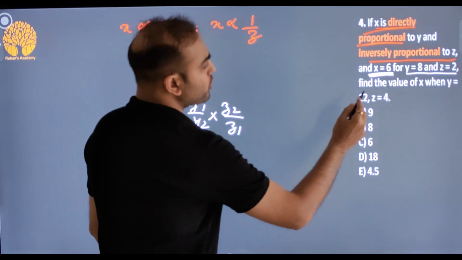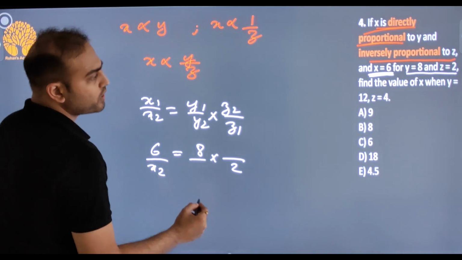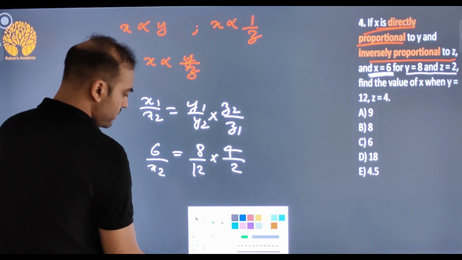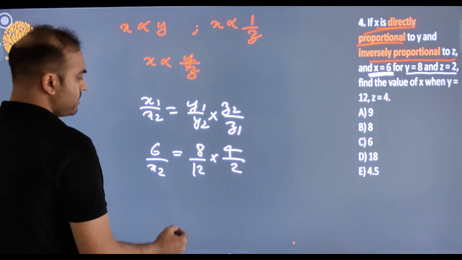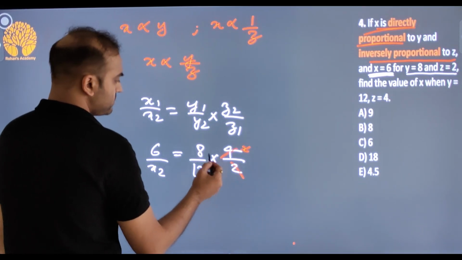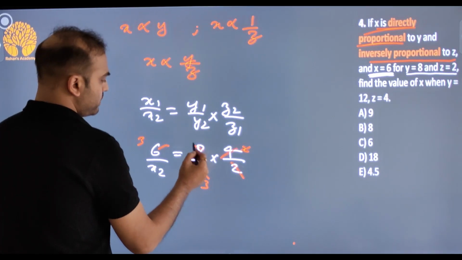What are they asking? Value of x. So they are asking x2. What is y2? y is 12, z is 4. Now I just have to solve. That is 2 times 3 times 3 times 2 times.